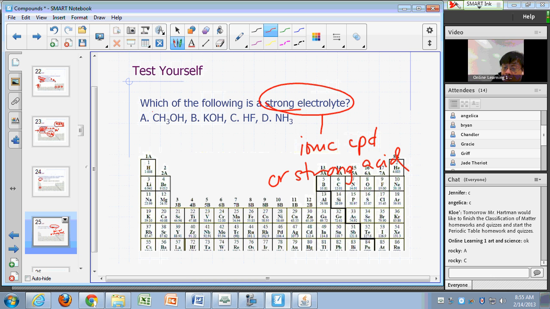Okay, so that's molecular. That's molecular. That's molecular, but that's an acid. But HF, if you look at your list of 6 strong acids, HF is not one of them, so that's a weak acid. So the only ionic compound here is potassium hydroxide. So the answer is potassium hydroxide.